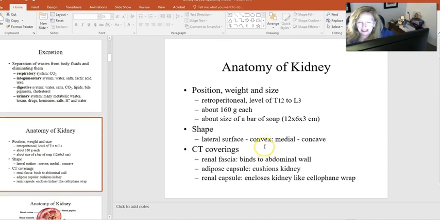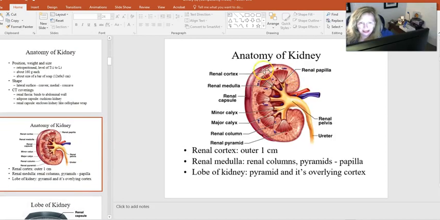So when we think about the anatomy of the kidney, they give you all kinds of descriptions here, but when we think about this anatomy of the kidney, this is a great illustration of a coronal section. So they have taken a dissection, removing the front from the back so that you can see inside of the kidney here. I would like you to pay attention to a couple of things here before I continue to talk about microscopic histology slice of the kidney.